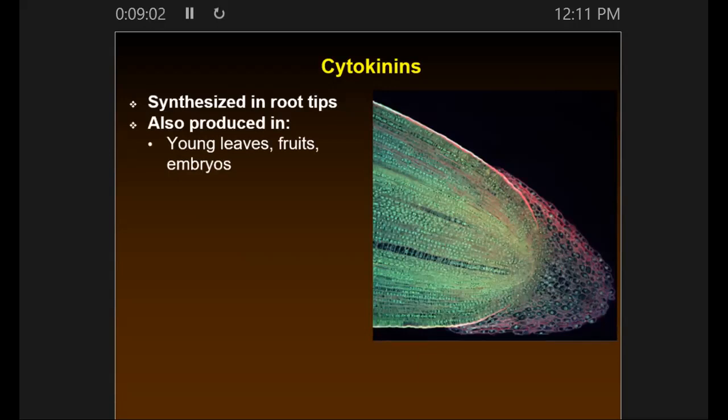And so when you look at some of the other things that the cytokinins can do, the lateral or axillary bud growth. So once those axillary buds have been released from the control of auxin, that apical dominance, then the cytokinins can kick in and also kind of stimulate the axillary buds or the lateral buds.